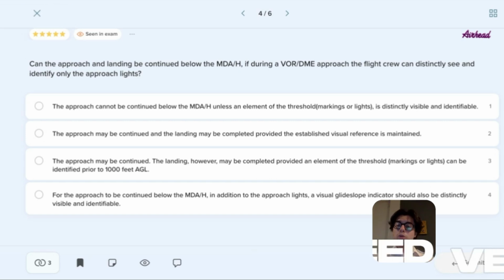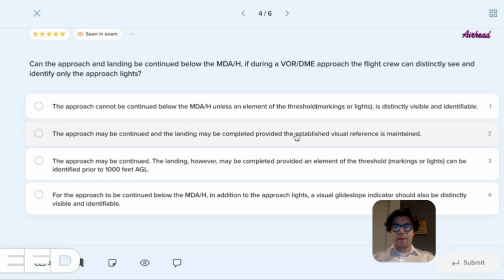But remember, these visual cues need to be maintained throughout the entire approach below the MDA. If you lose these visual cues, the approach has to be discontinued immediately and the missed approach commenced. So the approach can be continued and the lights are adequate in this particular case.